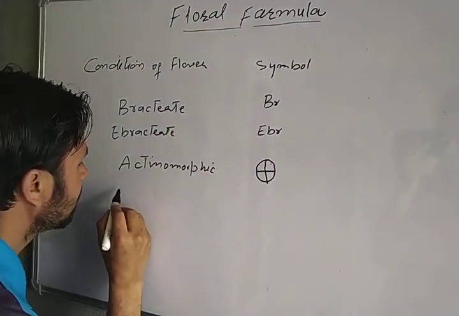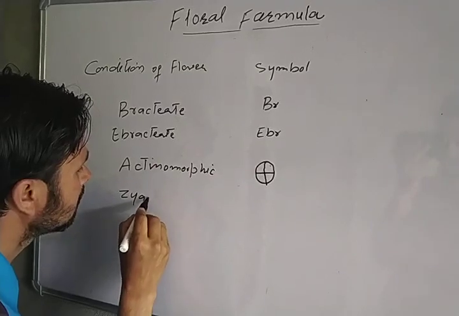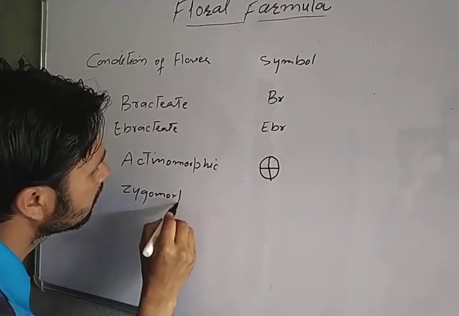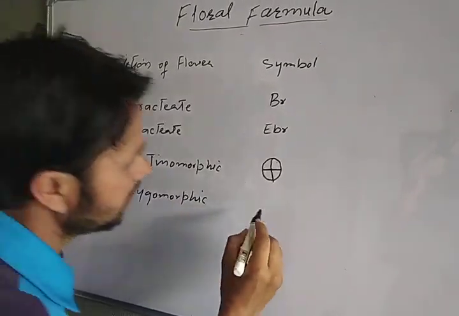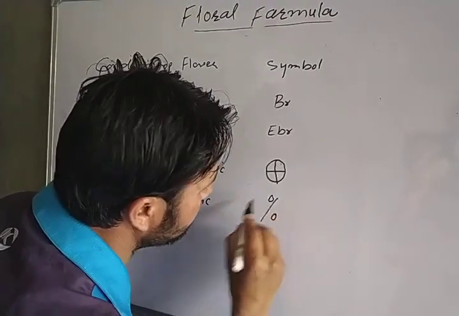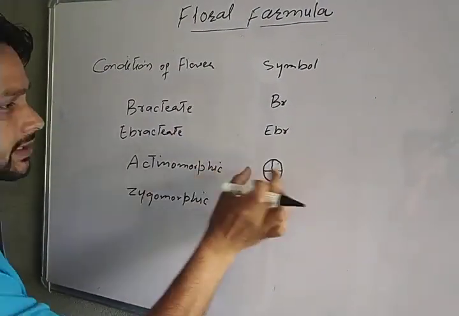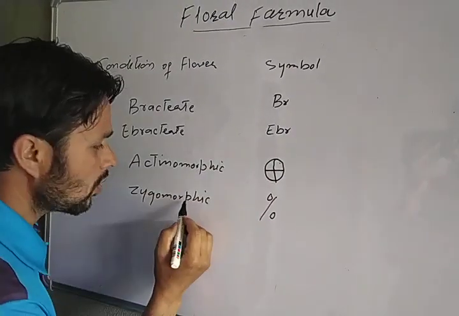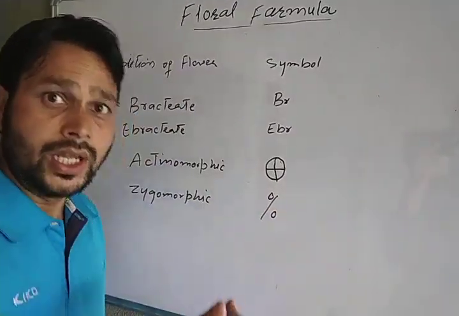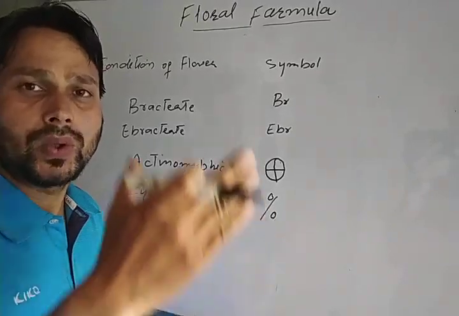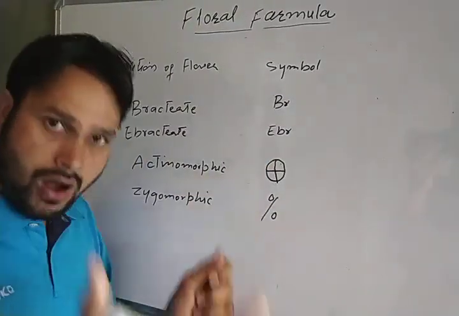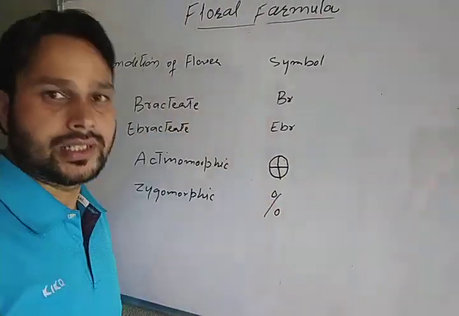And if the condition of the flower is zygomorphic, we write the percent symbol. This is the symbol of zygomorphic and this is the symbol of actinomorphic. Zygomorphic means the flower can be cut into two halves only by one radial vertical section.